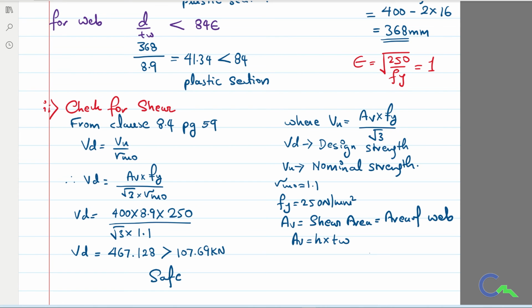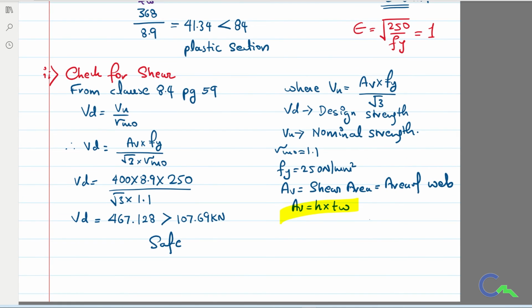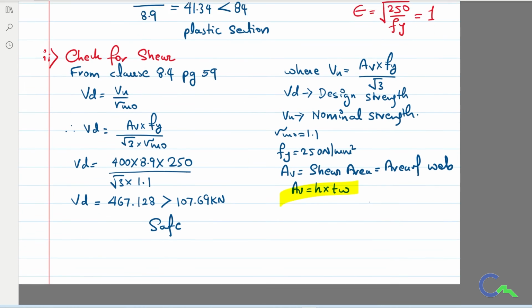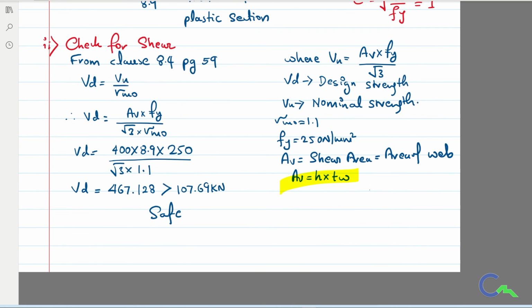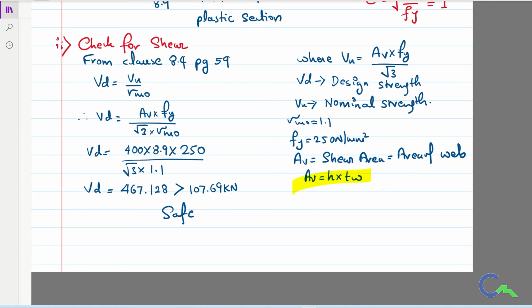So that is given by H into Tw. So I can get that value 400 into 8.9 into 250 divided by root 3 into 1.1 in the denominator. So design shear strength is 467.128, which is greater than actual shear. So what we calculated, that is 107.69, therefore it is safe.